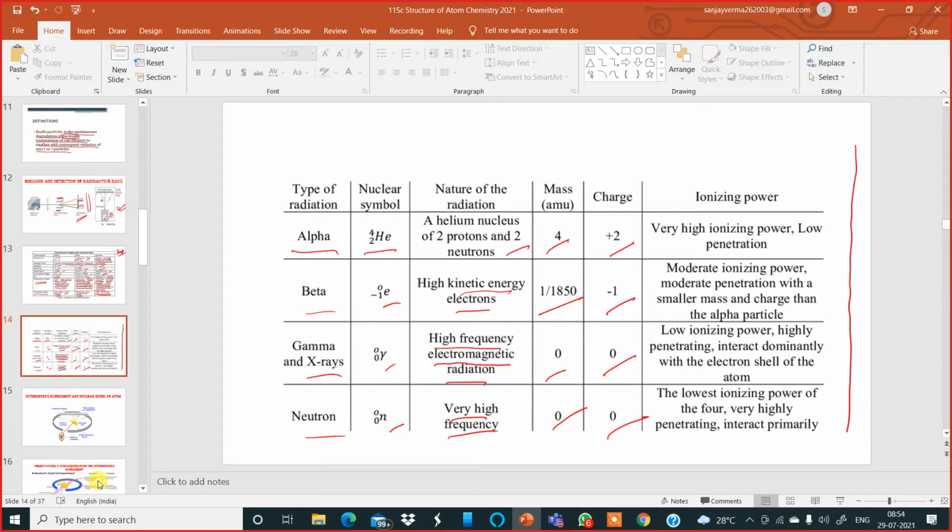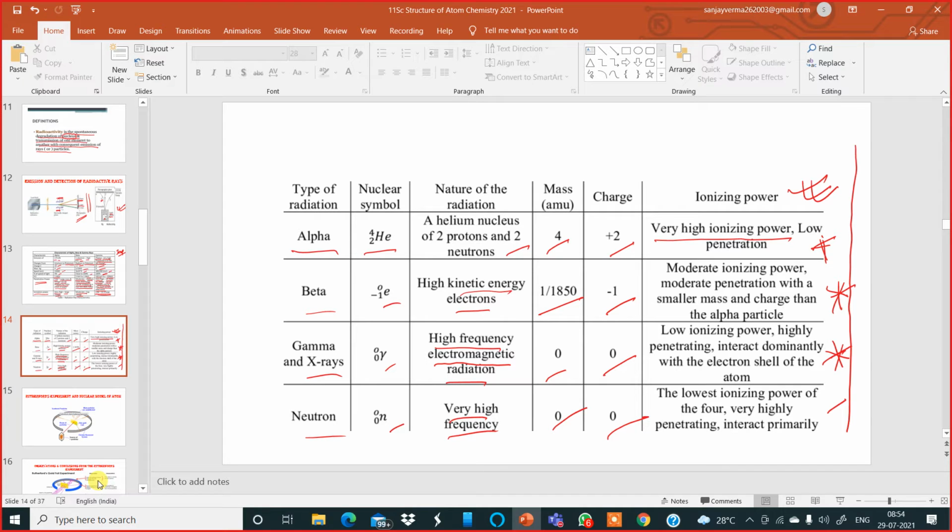This part, ionizing power, becomes very important for alpha particles, beta particles, gamma radiations, X-rays, and neutrons. So better read through this properly. I'll just read this once more. Alpha particles have very high ionizing power and very low penetration.